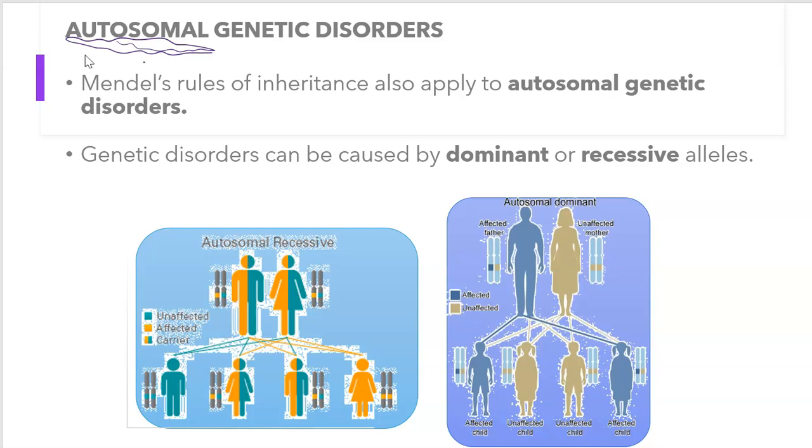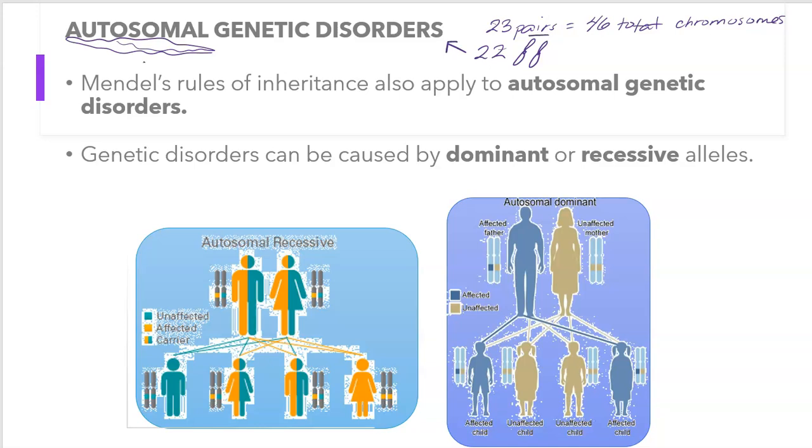So in humans, we have 23 pairs of chromosomes, or 46 in total, one from mom, one from dad. 22 of those homologous pairs are the autosomal chromosomes.